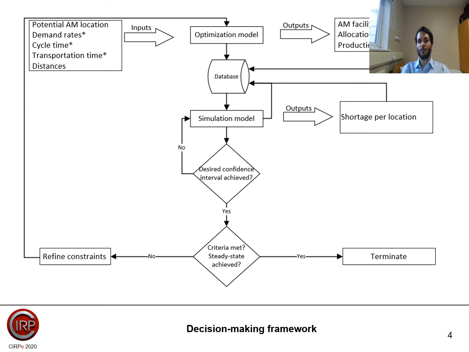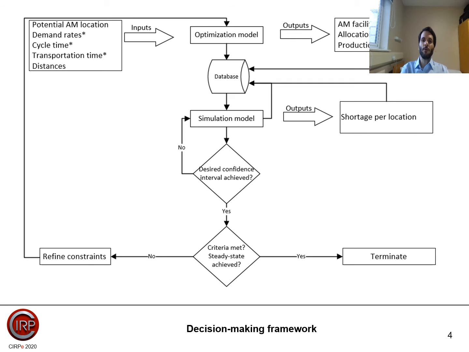The optimization model, which is an integer linear program, provides decisions for the location of production facilities, allocation of production to demand points, production schedules, and delivery amounts at each planning period.